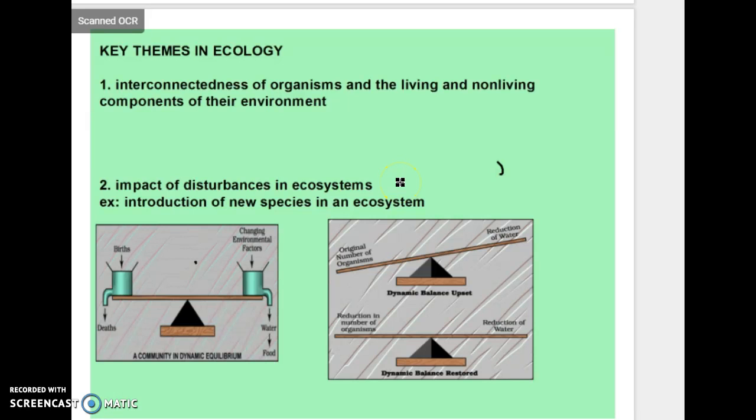One type of disturbance we hear a lot about these days is the introduction of non-native species or new species into an ecosystem, and what that does to a particular ecosystem. How does that affect the ecosystem? And we know, as we go forward and talk about niches, which is next on the agenda, that of course it has an impact.